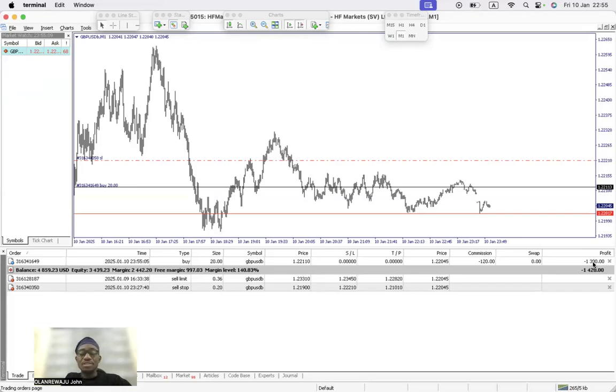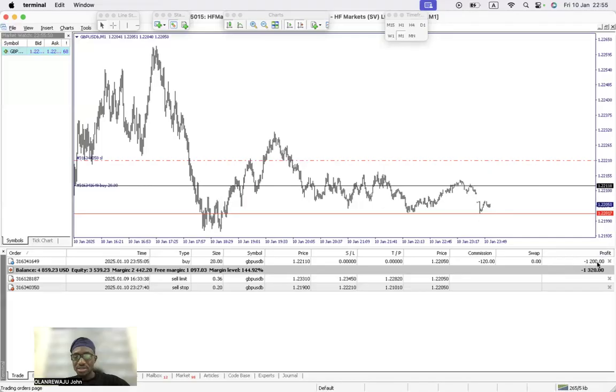Maybe the leverage of this account is already at that 1:1,000. Ideally, your broker should not permit you to risk almost more than 20% of your equity per trade. But that is what leverage does. The same way I'm seeing minus 1,300, by the time the trade starts going my way, just one tiny movement, you can begin to see maybe minus 1,500.